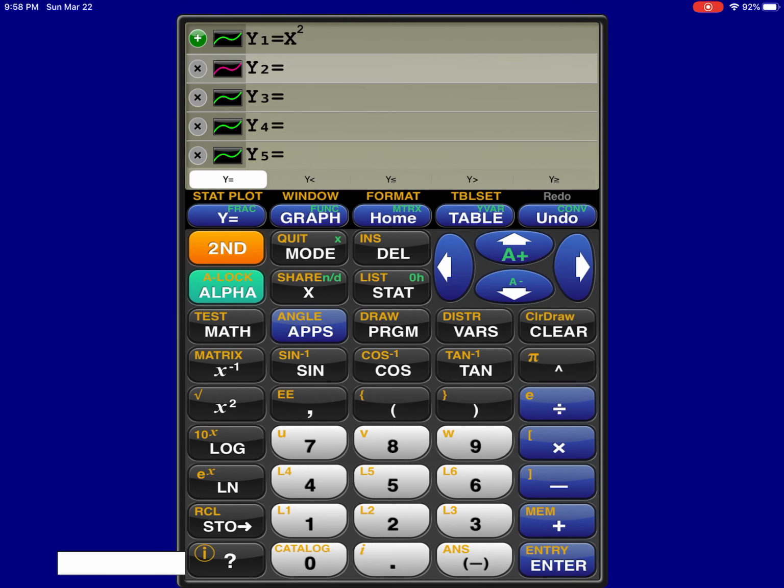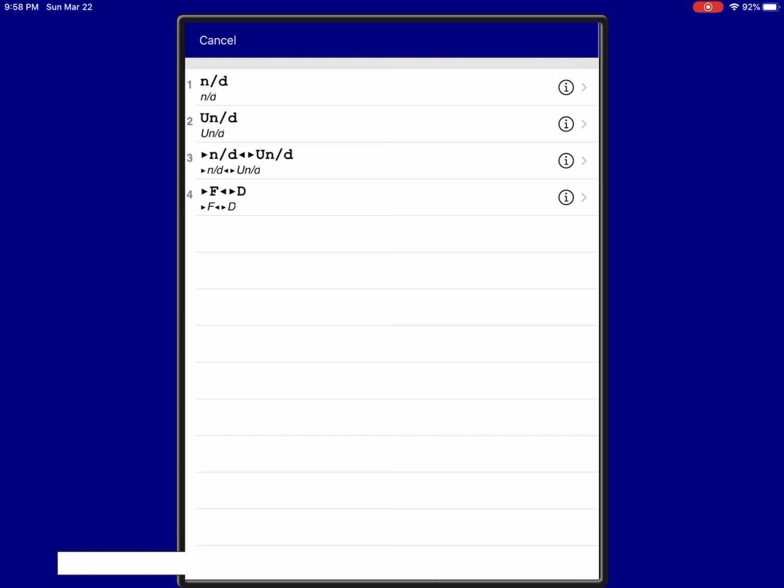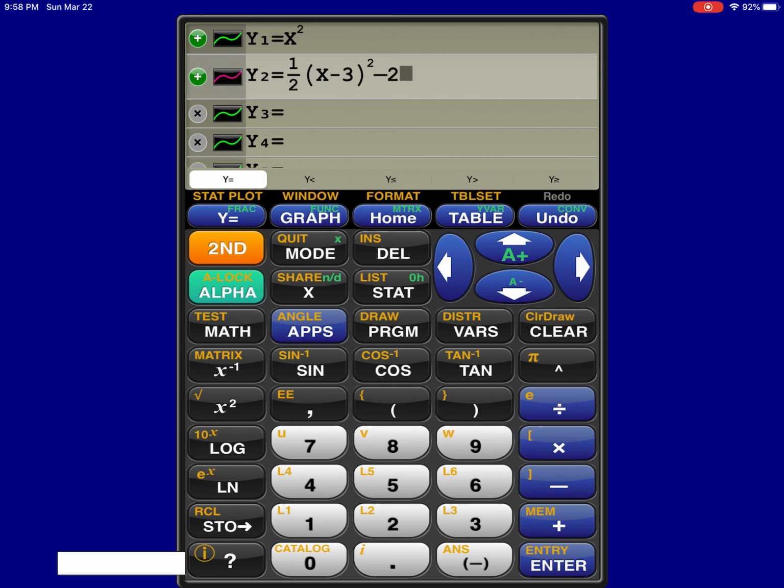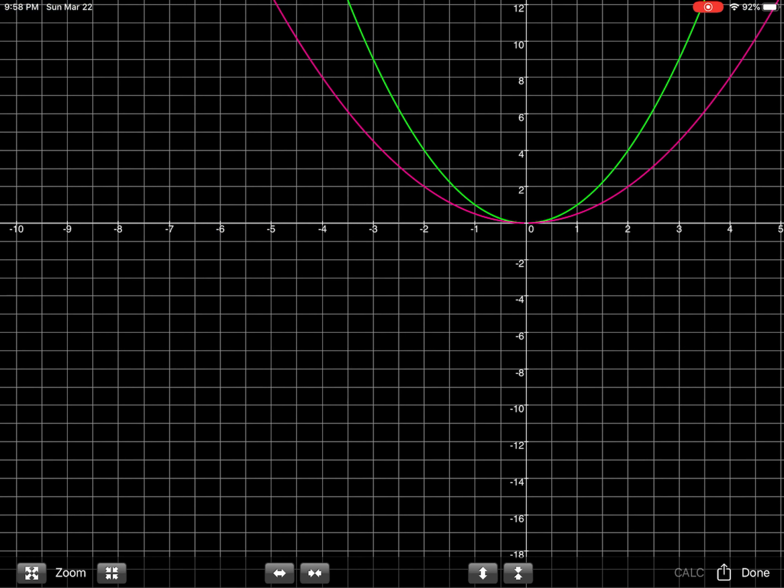So we're going to have the transformed function, y equals 1/2 times (x minus 3) squared, minus 2. I'm going to take this out first, and I'm going to take that out, and then we're going to graph it.